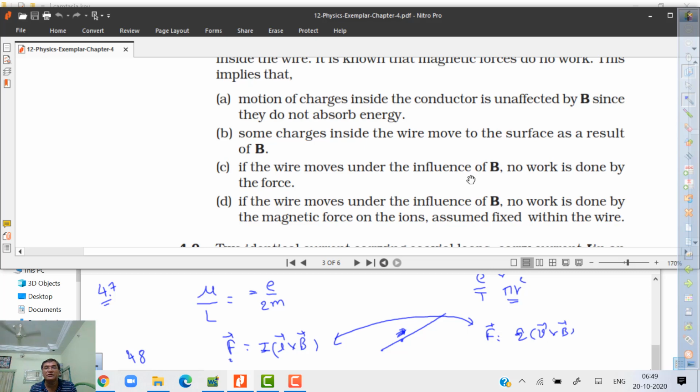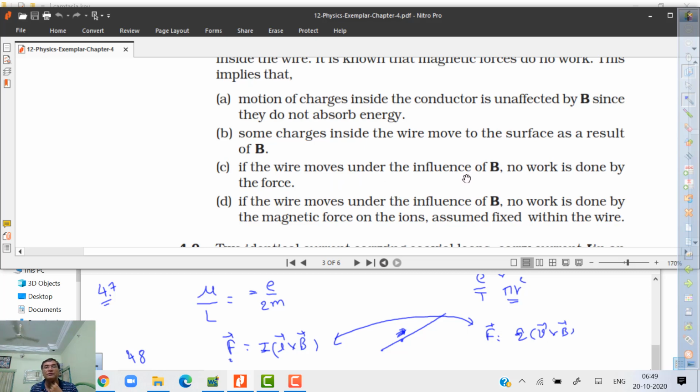If the wire moves under the influence of B, no work is done by the force.